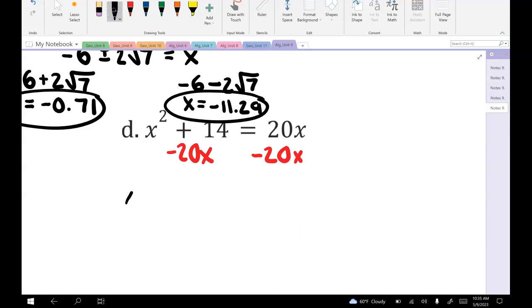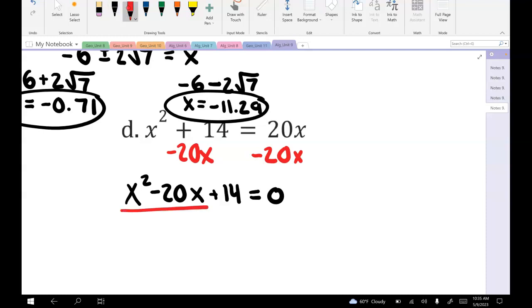So I'd be left with x squared minus 20x plus 14 is equal to 0. But now I only want this piece over here, just like I had in my last problem. So this 14 needs to be moved over to the other side. So those are two things I have to move: 20x over to this side and 14 over to the other side.